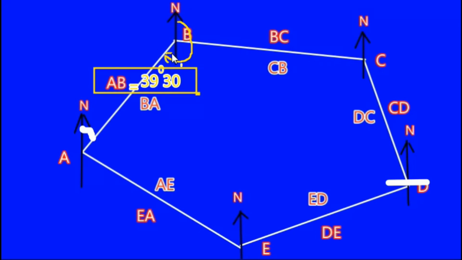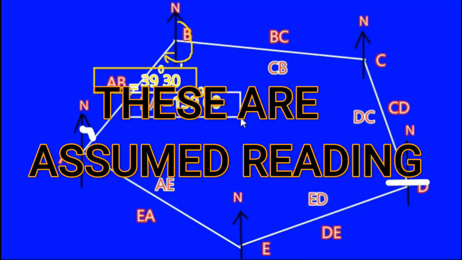So this will be equal to about 139 degrees and 00 minutes as shown right in front of you. And I just put down the other readings, as these are supposed to be the observed readings, into the figure, and we'll get back soon.